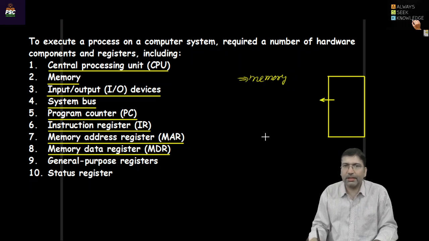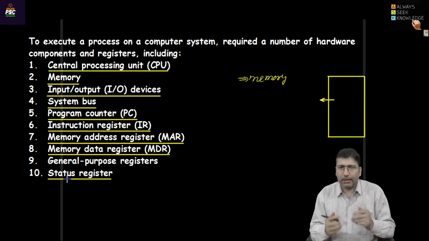Temporarily this data will be loaded in the memory data register, MDR. And there are certain general purpose registers. If required, a programmer can use general purpose registers by declaring any variable of register class. And there is a status register also. In case there is any underflow or overflow condition, such a status will be set. So these are a few of the things every process requires.